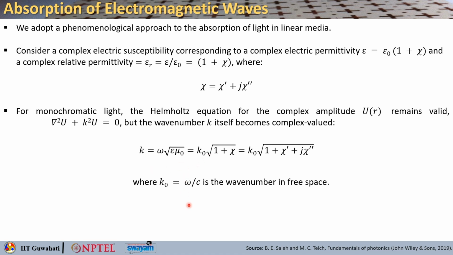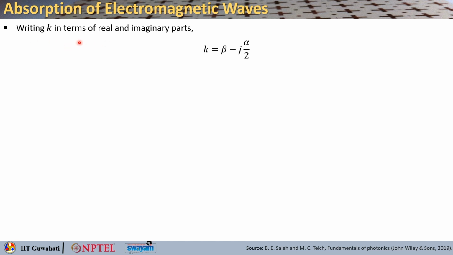So, k naught equals omega by c. In some places people also use c naught, so that you understand this is the wave number k naught in free space or vacuum. So, you understood that k has a real and an imaginary component.